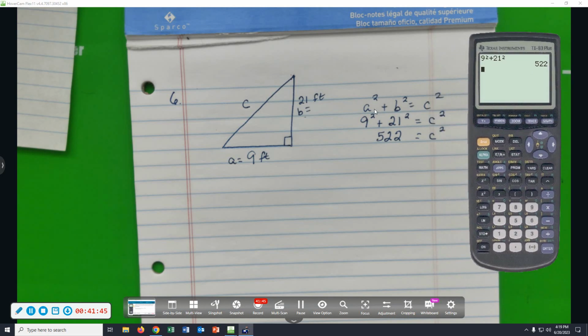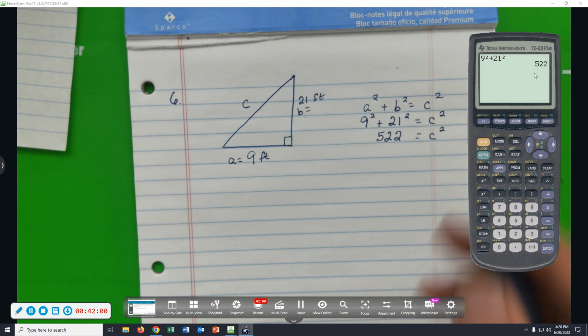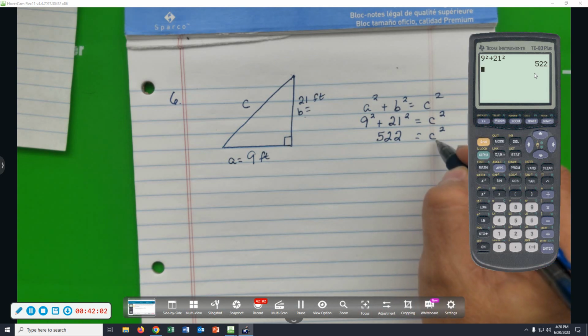Oh, sorry. So A squared plus B squared is C squared. 9 squared plus 21 squared is C squared. So 9 squared plus 21 squared is 522. Now that's the value of C squared.